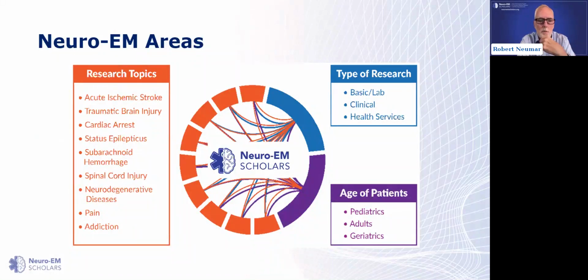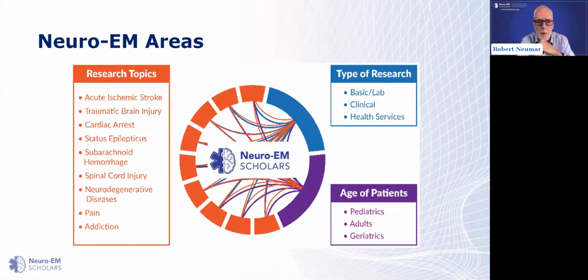The main research topics are ischemic stroke, traumatic brain injury, cardiac arrest, status epilepticus, subarachnoid hemorrhage, spinal cord injury, neurodegenerative diseases as they relate to presentations to the emergency department, and then pain and addiction. And in terms of the National Institute on Aging, things relevant to specific issues related to neurologic emergencies in the elderly are important as well.